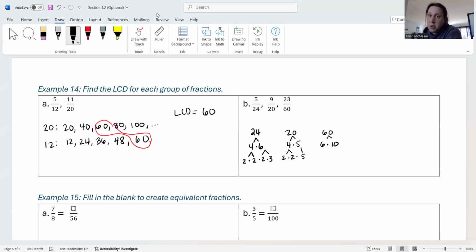The body of the tree would look a little different though. 6 is not prime, so I'm going to write that as 2 times 3. 10 is not prime, so I'm going to write that as 2 times 5. And then I like these to be in order, so I'm going to come down and rewrite the prime factorization of 60 as 2 times 2 times 3 times 5.